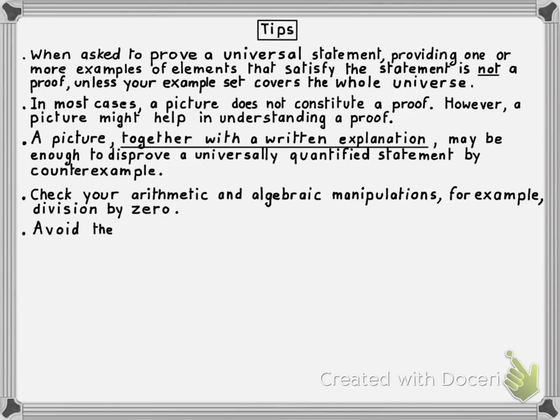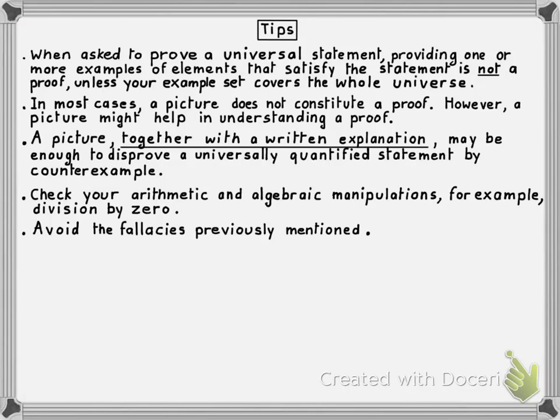Another seemingly obvious piece of advice is to not use fallacies, which are by definition invalid reasoning. Remember the two fallacies we mentioned earlier, namely the fallacy of affirming the conclusion and the fallacy of denying the hypothesis.